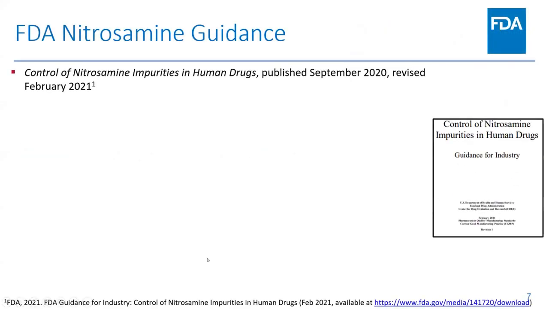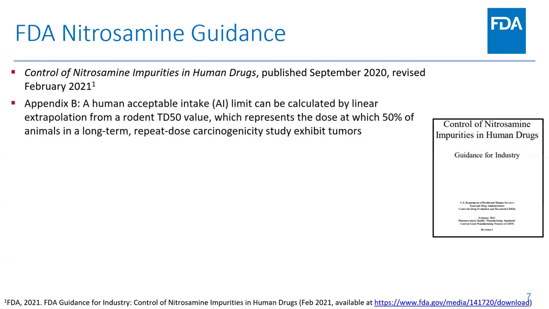FDA has published guidance on the control of nitrosamine impurities in human drugs back in 2020, and it was revised in February of 2021. Within this guidance, there's an appendix that describes how a human acceptable intake limit can be calculated by linear extrapolation from a rodent TD50 value.